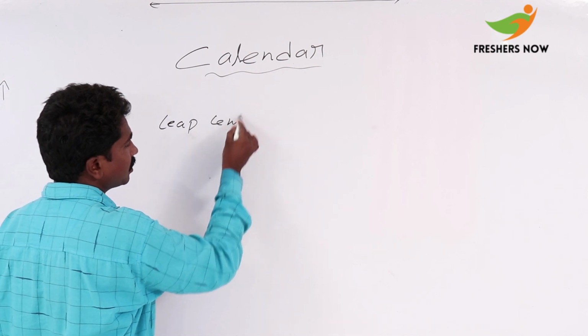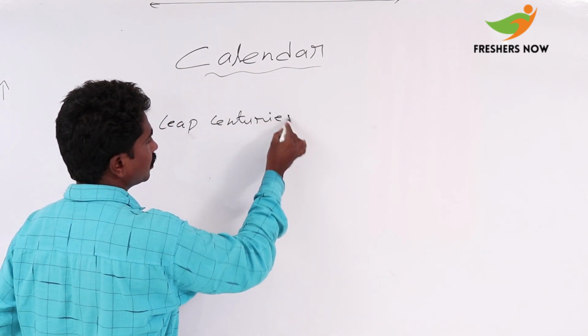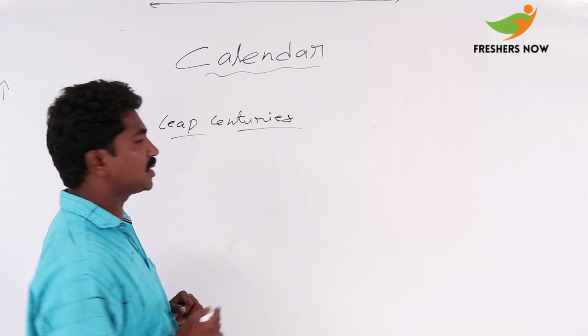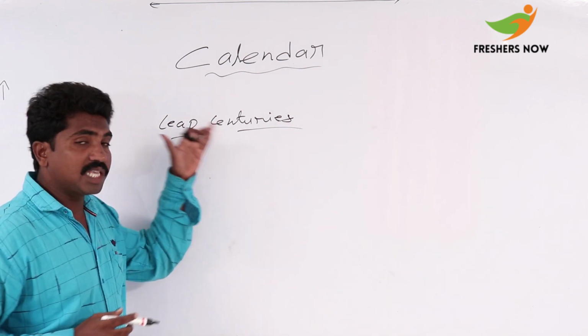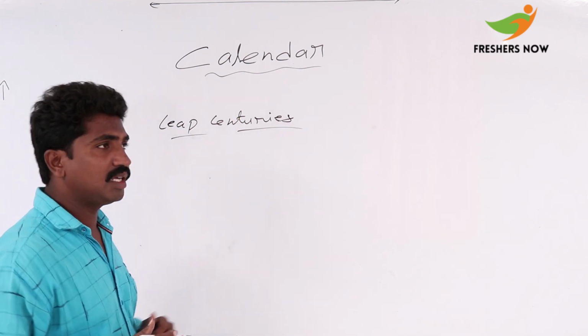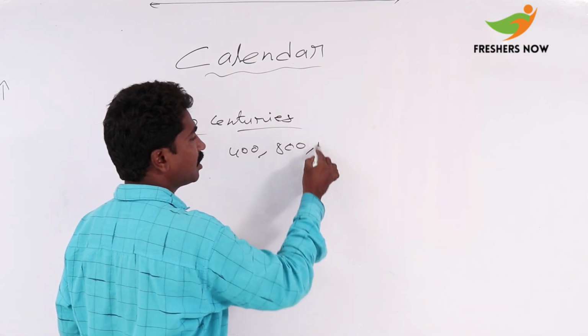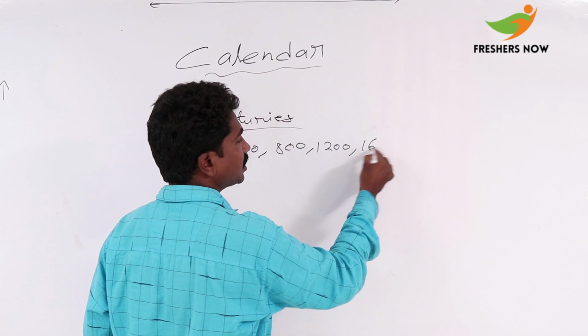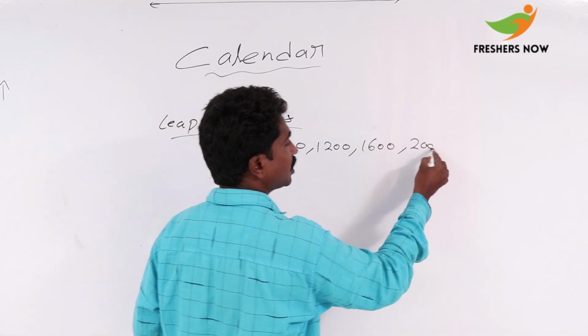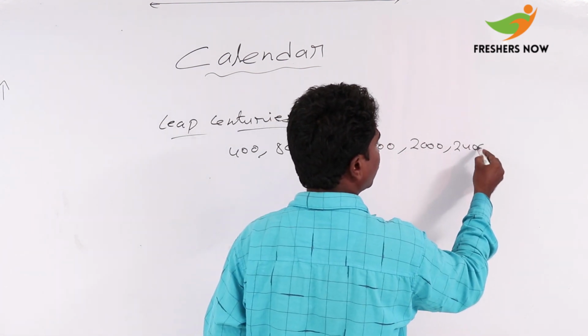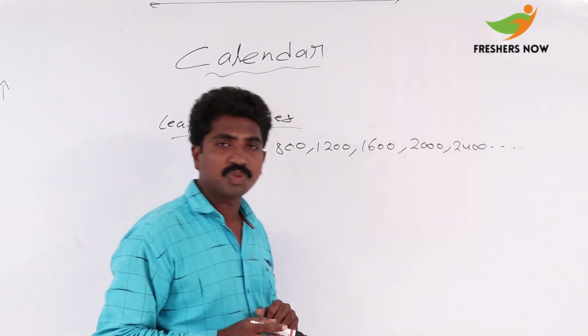Leap centuries. Next we discuss leap centuries. A century which is a multiple of 4 is called a leap century: 400, 800, 1200, 1600, 2000, 2400, like this. These are the leap centuries.